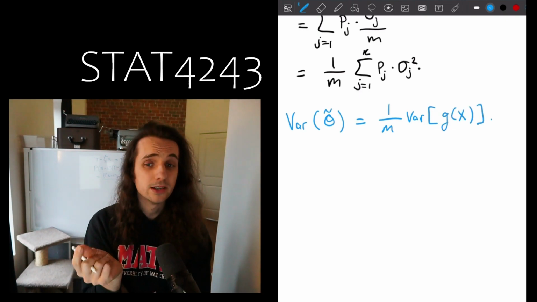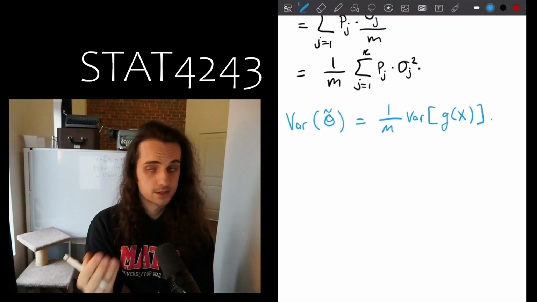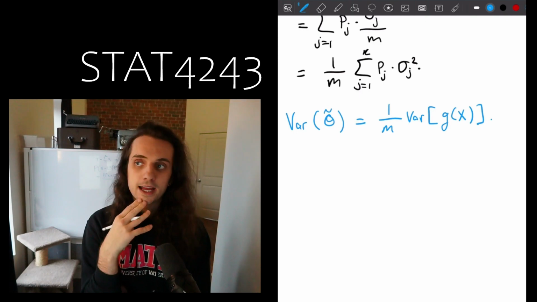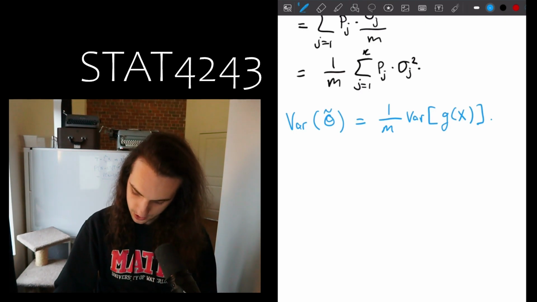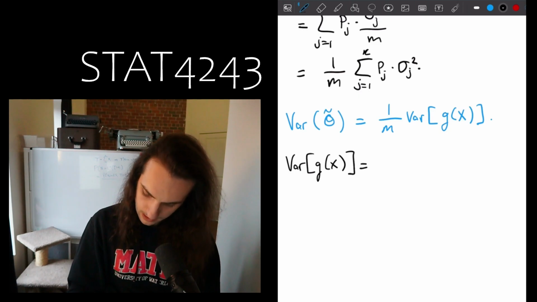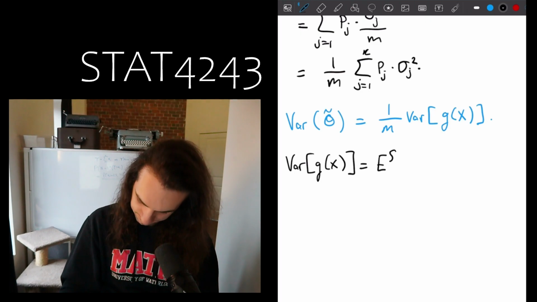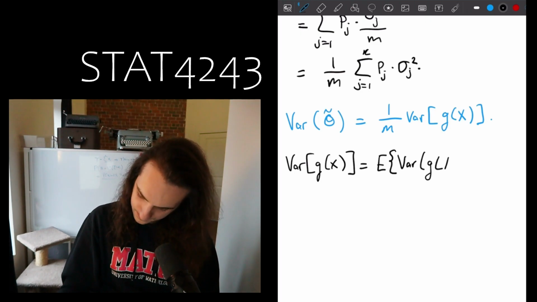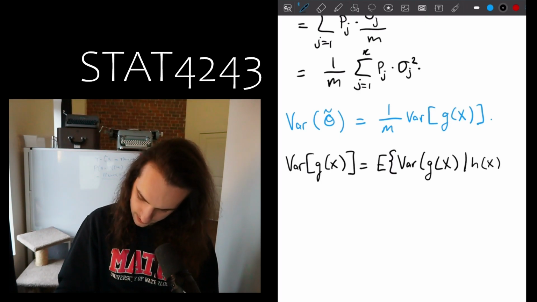And so what we want to do here is somehow frame the variance of g of x in terms of sigma j squared, right? And so what we can do is think about writing out the variance of g of x here using our law of total variance, right? So the variance of g of x we can write as the expected value of the conditional variance of g of x, and all I'm going to condition on right now is something that I will call h of x, right? h of x could be anything.